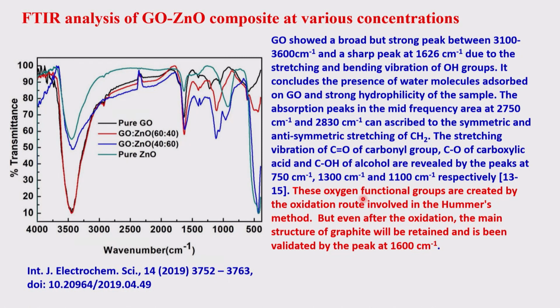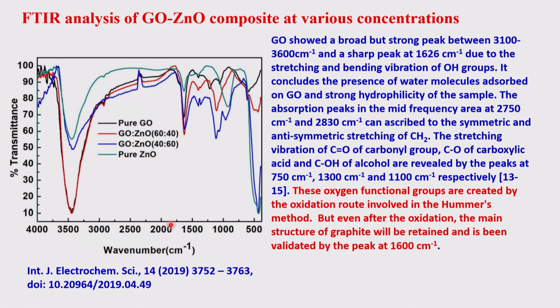So what does all this tell? These different infrared spectra measured under different conditions, like pure graphene oxide, pure zinc oxide, and graphene oxide in different combinations, will clearly tell that the graphene oxide is intact, and a lot of functional groups are involved. These functional groups are bonded to the zinc oxide, and the zinc oxide original bands will also be there.